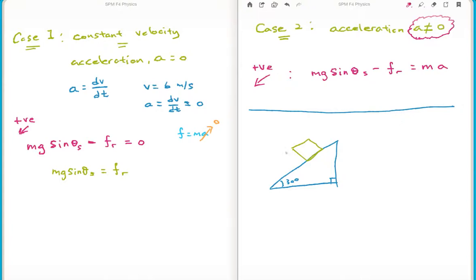You need to find out what is the force. You want to prevent this object from gliding down. What is the minimum force that you need to apply, pushing it, on this object when the surface here is smooth, meaning there's no friction?